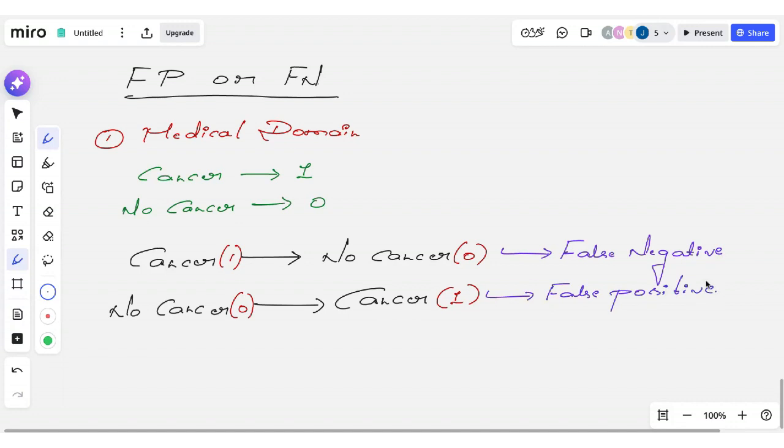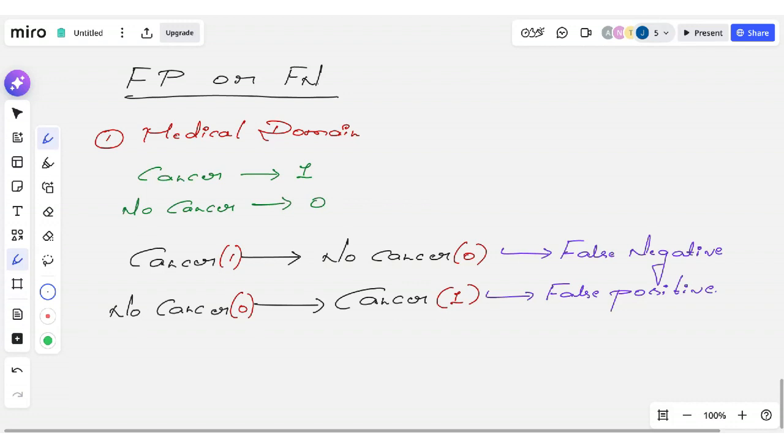False negative is more dangerous. Understand the situation. Somebody has cancer and the doctor says no cancer. Usually, what is human mentality? When somebody says no, people are happy. We don't even go for a second opinion. Very rarely would people go for one. They would enjoy that they don't have the disease.